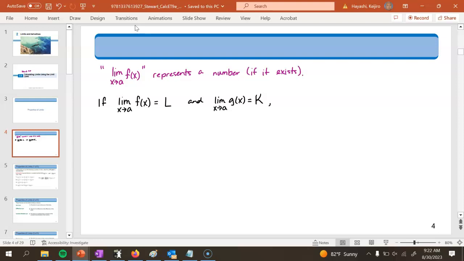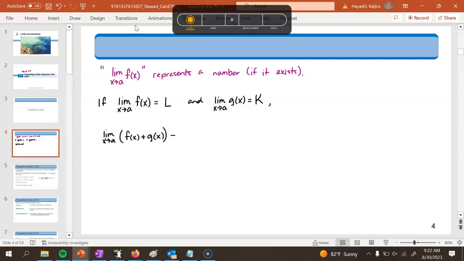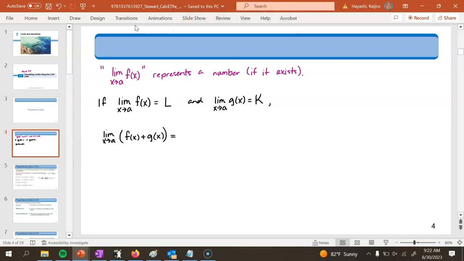If that's true, then the limit as x approaches a of the sum of these two functions is just the individual limits added together.